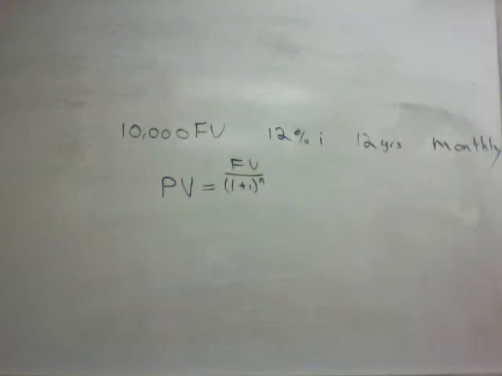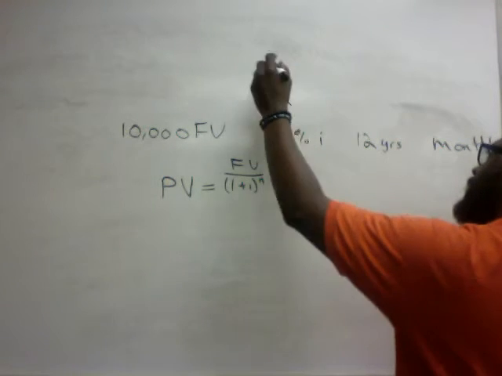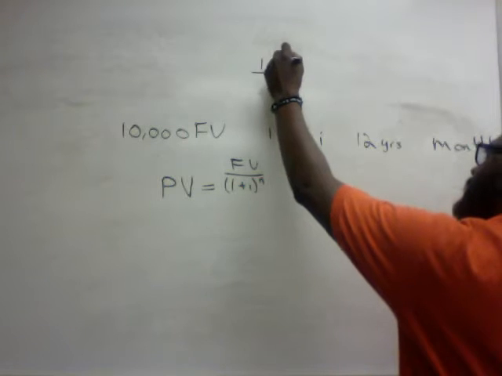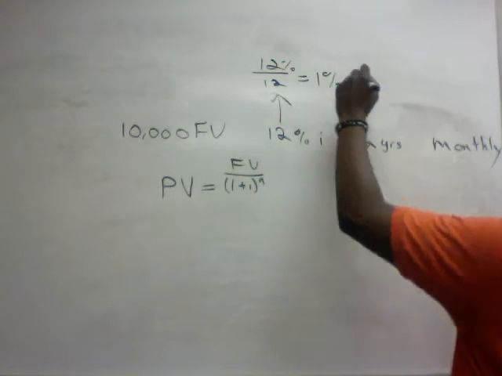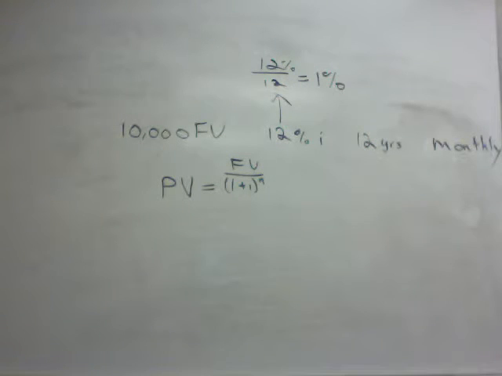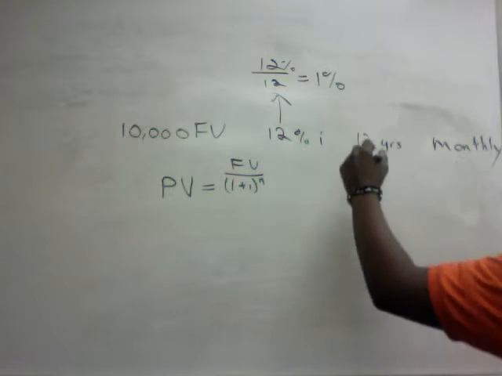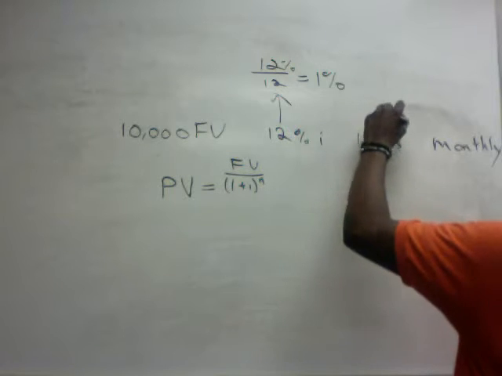So again, we have to do some adjustments because the interest is being compounded, actually discounted because we're finding the present value, more than once. How many times? 12 times, because it's monthly, every month. So we need to adjust this I. We take 12% divided by the frequency, which is 12. That'll give us 1%. However, our years have to be adjusted as well.